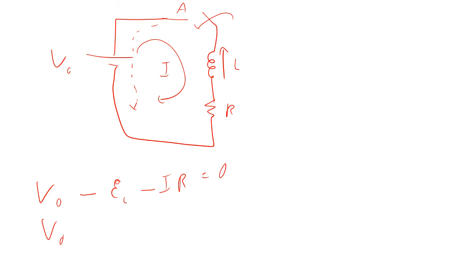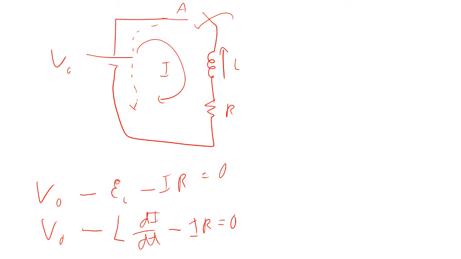So V0 minus a negative L di/dt. Well, it's actually a negative, negative, negative. So it's a triple negative, because the di/dt is negative, so you need negative di/dt. And so the negative of the negative of the negative makes just one negative right there. And so then minus IR equals 0.